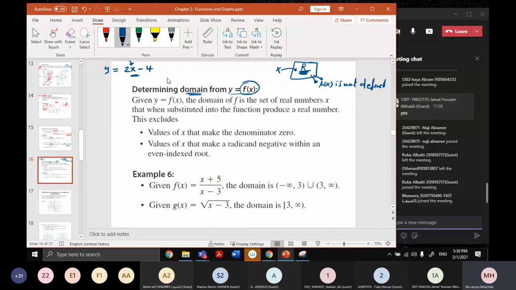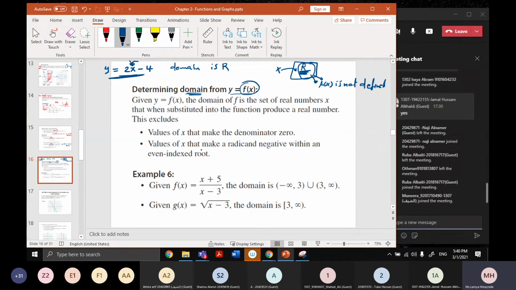There is nothing. So that means in this case the domain is going to be the whole real line. So the domain is R. Why? Because my function is defined everywhere. I can take any number and substitute it here.